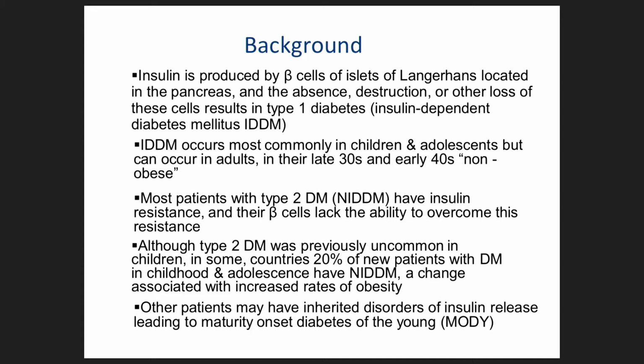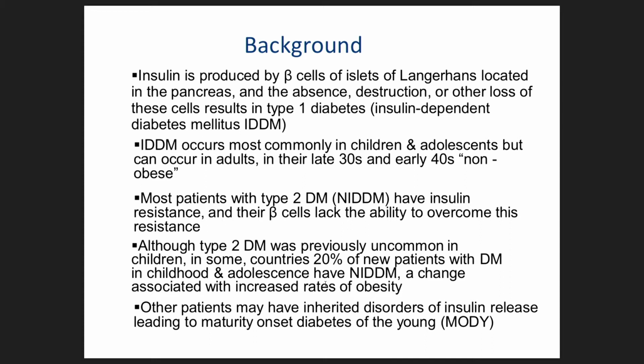So at the beginning of type 2 diabetes, a child or adult has insulin resistance with acanthosis nigricans. Type 2 diabetes can happen in children, but most importantly, these children or adolescents should be obese.